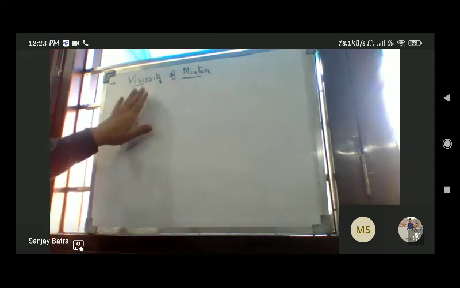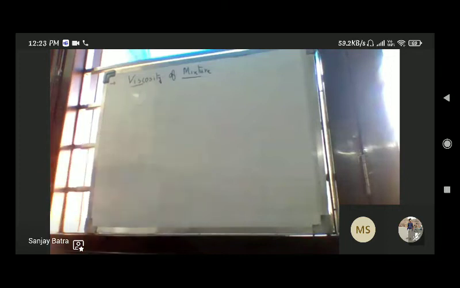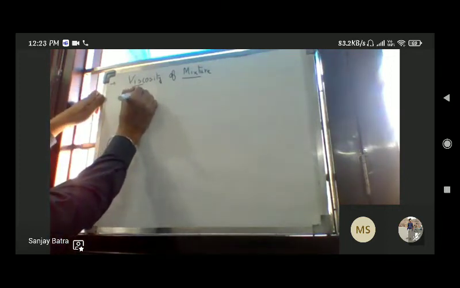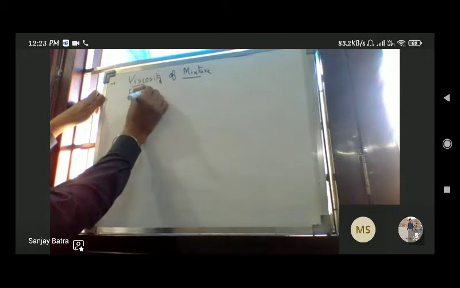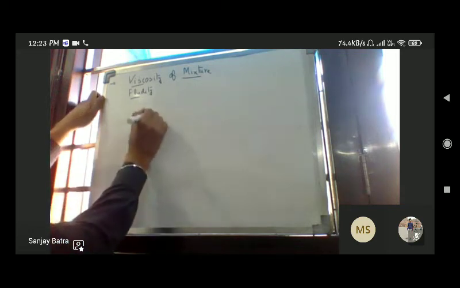So here again we are talking about viscosity of mixture, or basically it is fluidity of mixture. मैंने इसको viscosity लिख दिया. You can correct this. We are talking in terms of fluidity. So when we say fluidity, this is written in terms of phi.